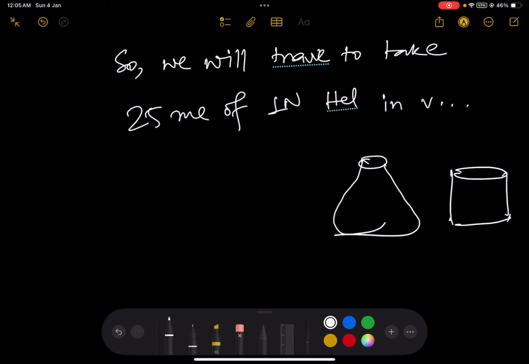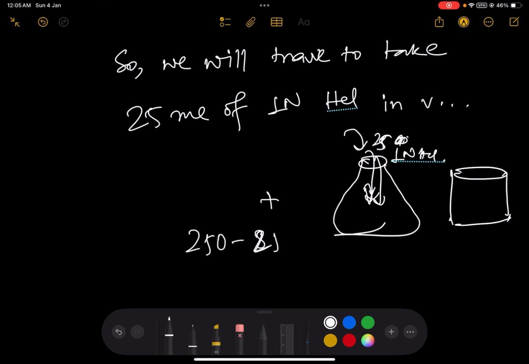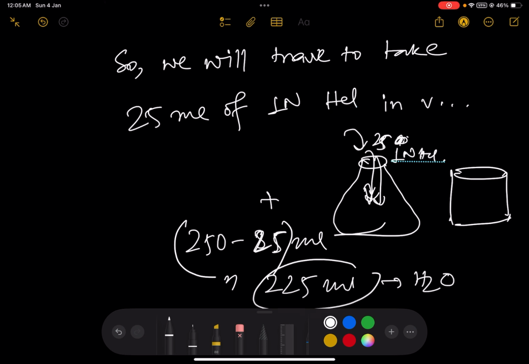Add 25 ml of 1 normal HCl in it, and then add 250 minus 25 ml, that is how much, 225 ml of distilled water.